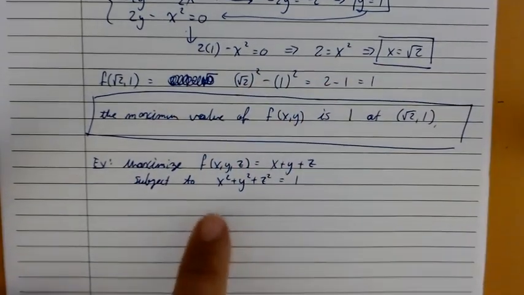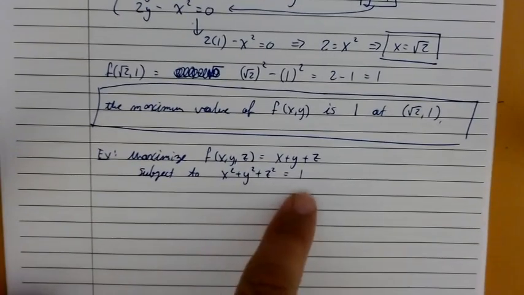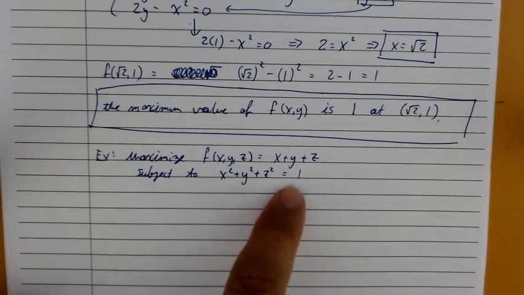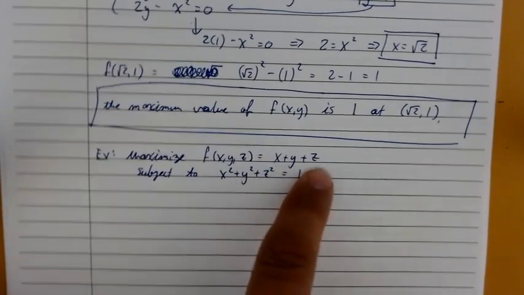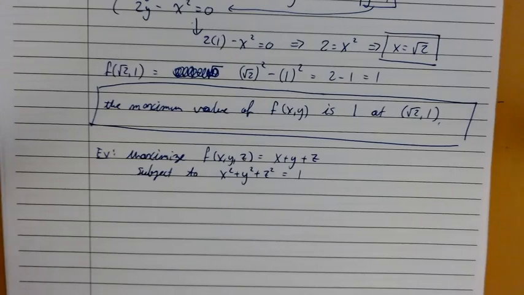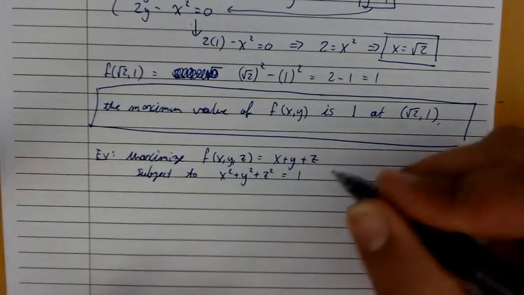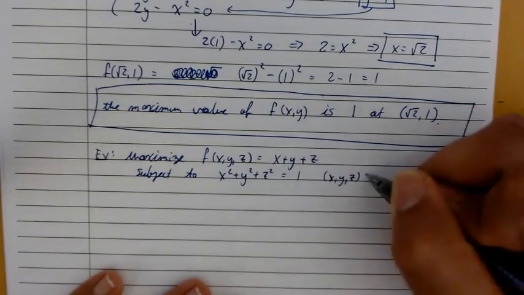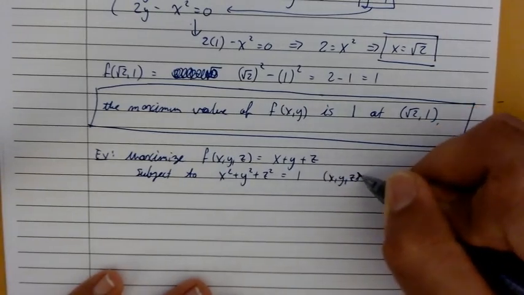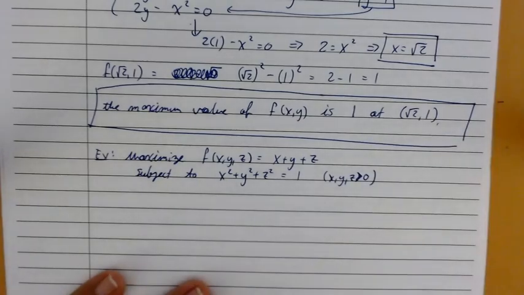So you want to find the point on the unit sphere such that if you add the 3 components together, the 3 coordinates together, you get the biggest possible number. All right? And here we're going to go ahead and limit things to the first quadrant. We want to limit things so that x, y, and z are all greater than 0.